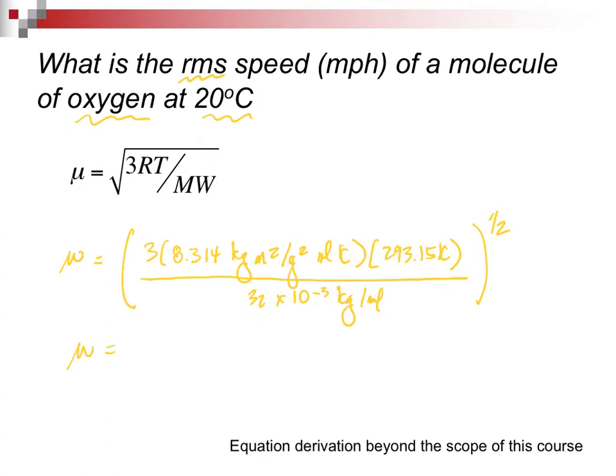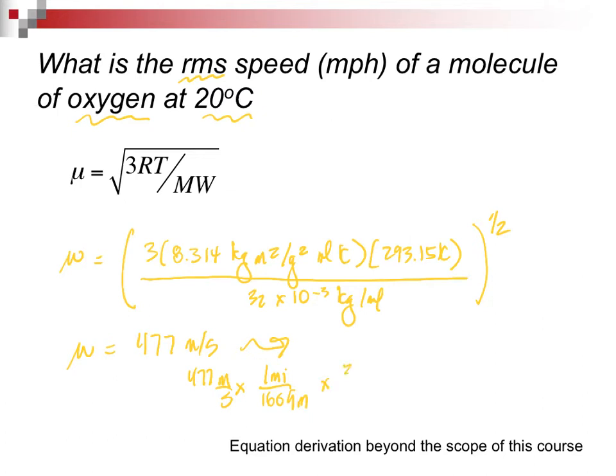That says our root mean square speed is 477 meters per second. But since we don't really think in meters per second, we're going to switch that to miles per hour. I'm just going to do it here. 477 meters per second. We know that 1 mile is 1609 meters.